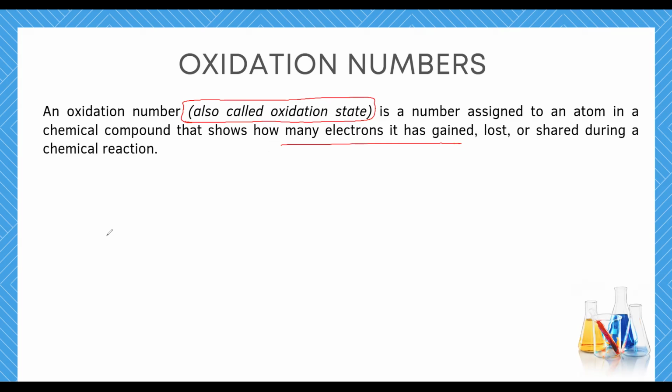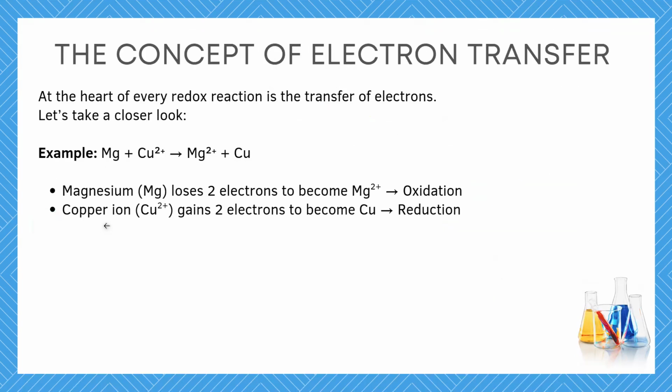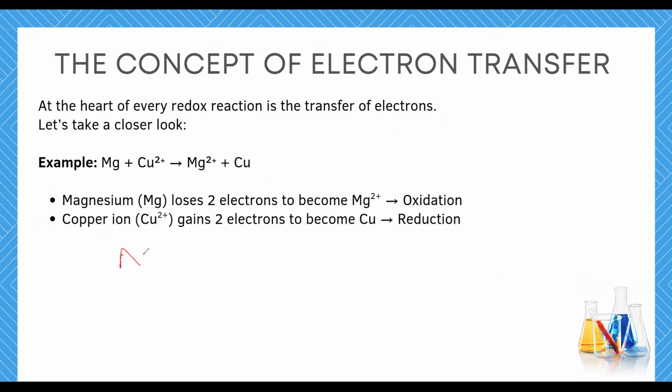Now, let me backtrack a bit to show you something. In the previous example where we saw an equation of a redox reaction, you can see over here Mg plus Cu2 plus yielding Mg2 plus Cu. Now you can see over here we have 2 plus.